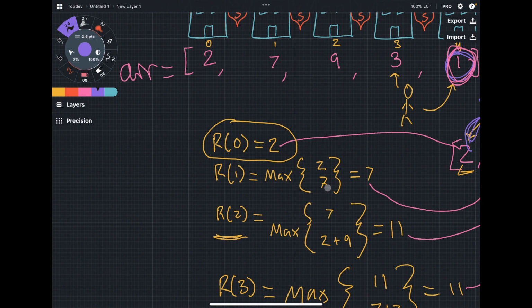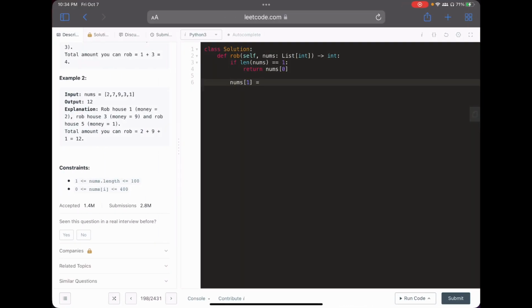So 2 and 7, what's the max of those two numbers? We're going to put that right here. We're going to say the max of nums 0 and nums 1. So that's going to cover us for the first two base cases.